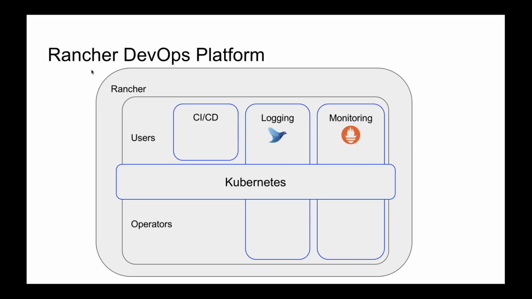Then there's the user space, the consumers of the Kubernetes clusters. As we've built out Rancher 2, we've focused on providing a solution that caters to both use cases and the access model around that.